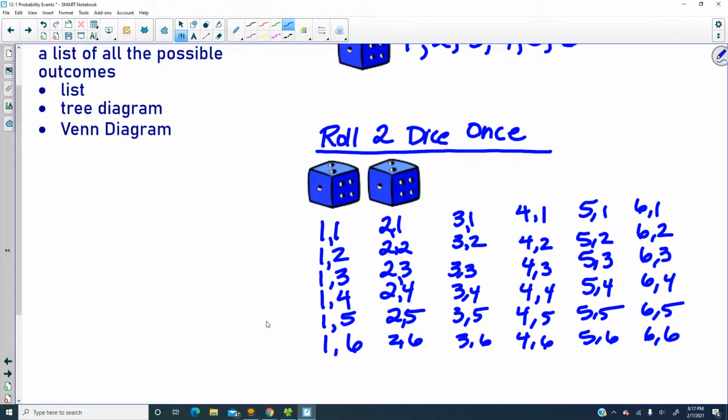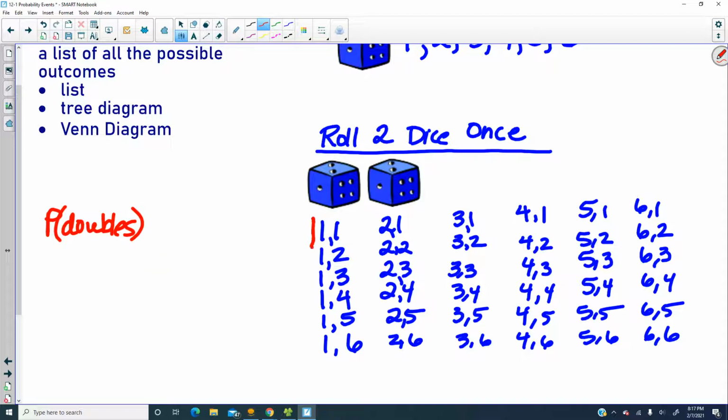So now here's the entire sample space if I were to roll 2 dice 1 time. It's quite a big list, but it is helpful for me to find all different types of probabilities. So for example, what would be the probability of getting doubles? Doubles means you get the same number on each die.